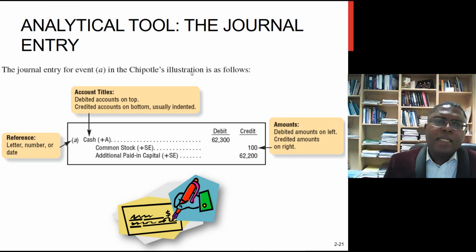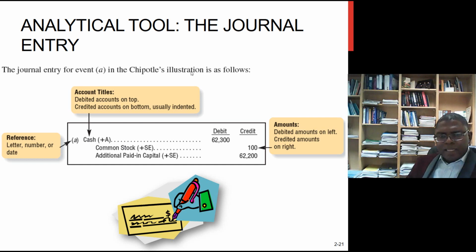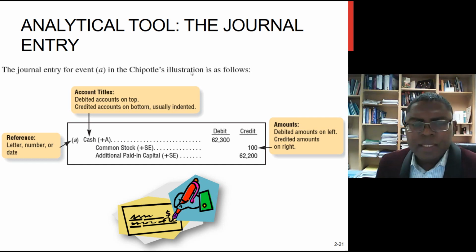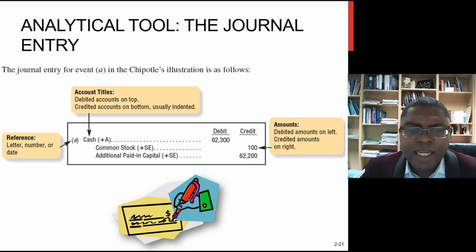Let's look at the first transaction that we discussed, transaction A. There are three accounts affected: the cash account, the common stock account, and the additional paid-in capital account. Usually we write first the account that has a debit balance.